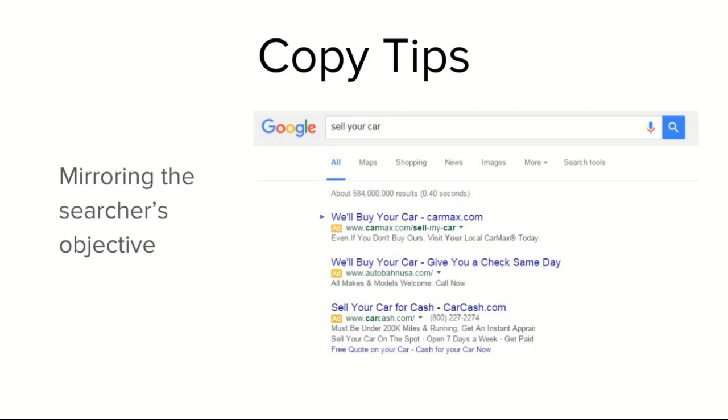That's a really great example of how to mirror the searcher's objective and really think about what it is that they are saying and wanting, instead of just taking the keywords verbatim and putting them in the ad headline.